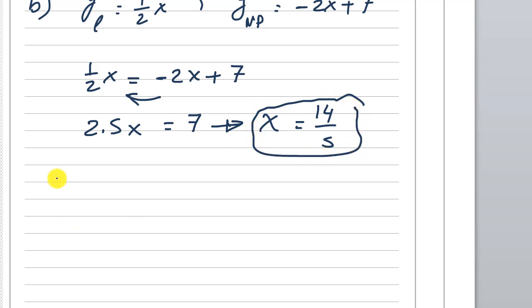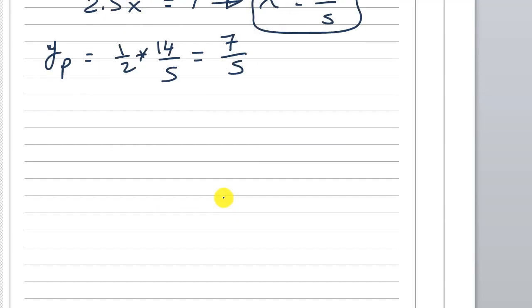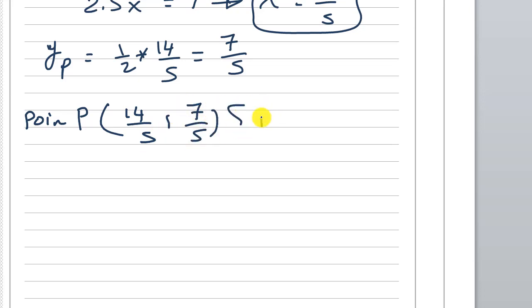Now y, this is y of B. So y of B is equal to half multiplied by 14 divided by 5. So it's 7 divided by 5. So now I have point B, 14 divided by 5 and 7 divided by 5, and N, 4 and minus 1.